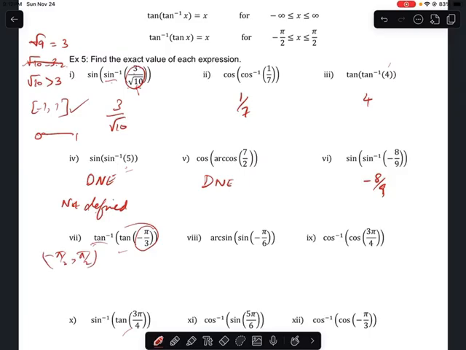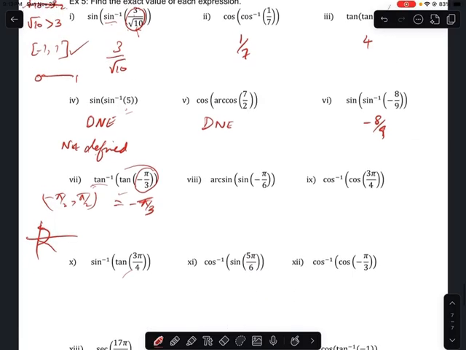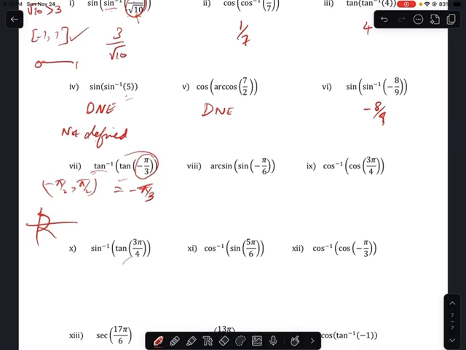So this number will be on the interval, or on the line, negative 1 to 1. So this number looks like it will be somewhere here. So it is in the interval. So the answer to this will be negative 8 over 9.